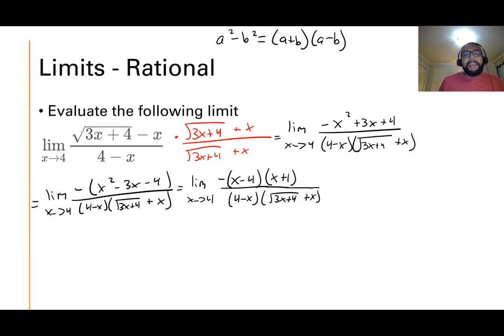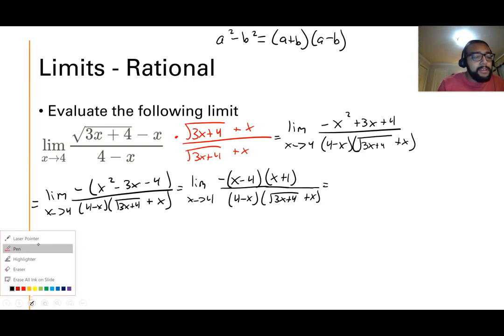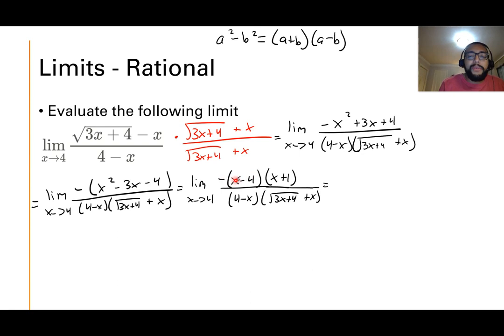Sorry for that edit there. On the surface, it doesn't really look like we could do too much. If you wanted to, you could multiply your denominator out and expand it, but that's not going to help you. But if you look carefully, notice the first term on top is x minus 4, and the first term on bottom is 4 minus x. So we can work with that.